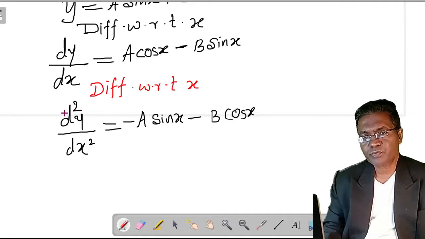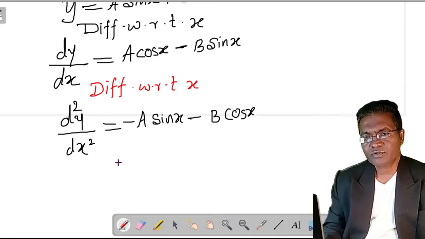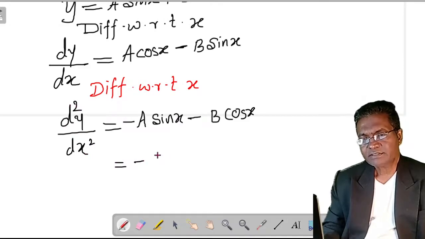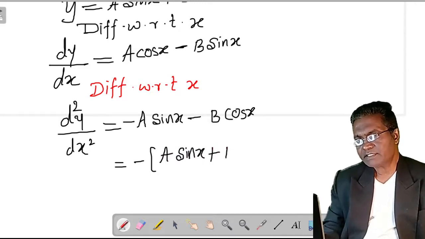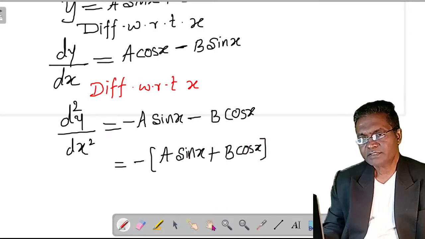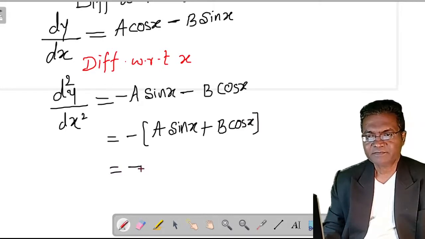Now you are asked to prove that d square y by dx square plus y is equal to 0. So if I take minus common, see here what you will get: a sin x plus b cos x, and this is your original given function.